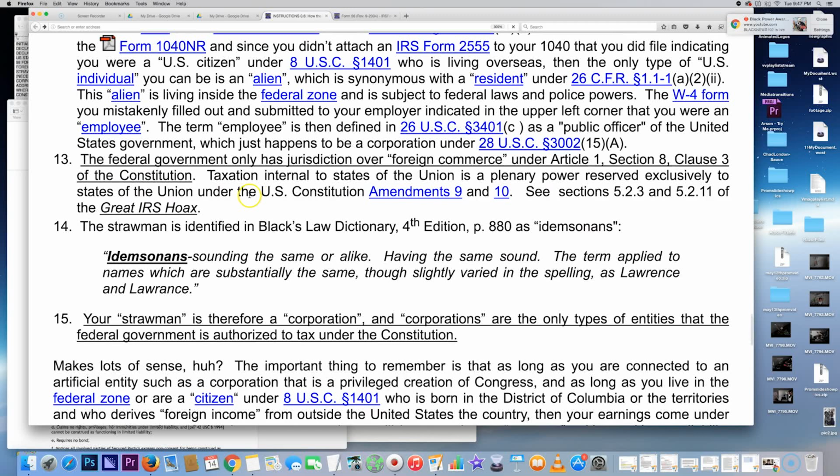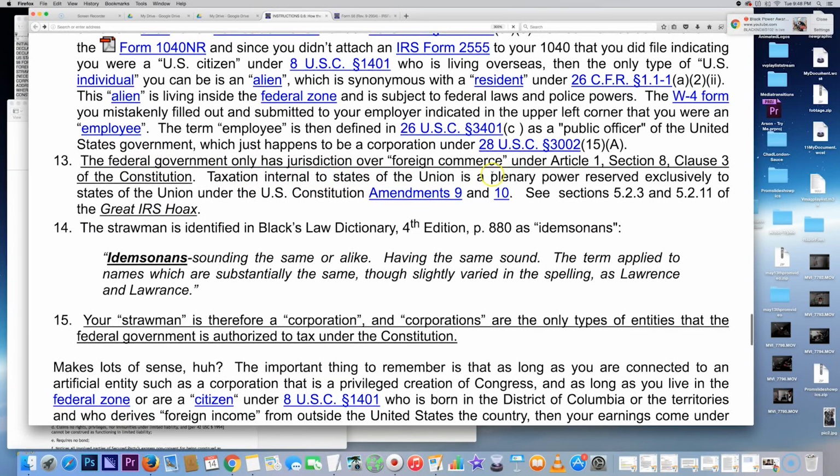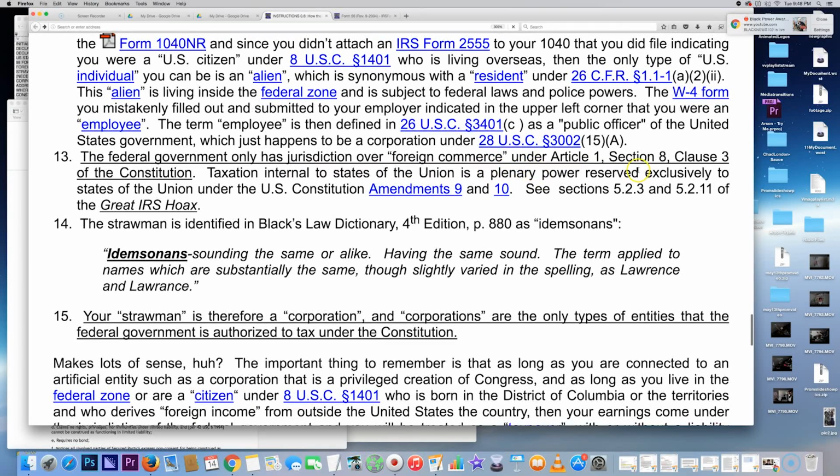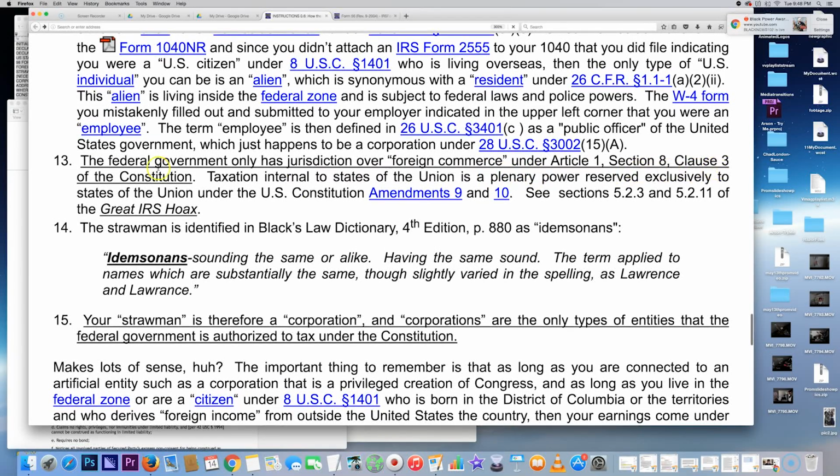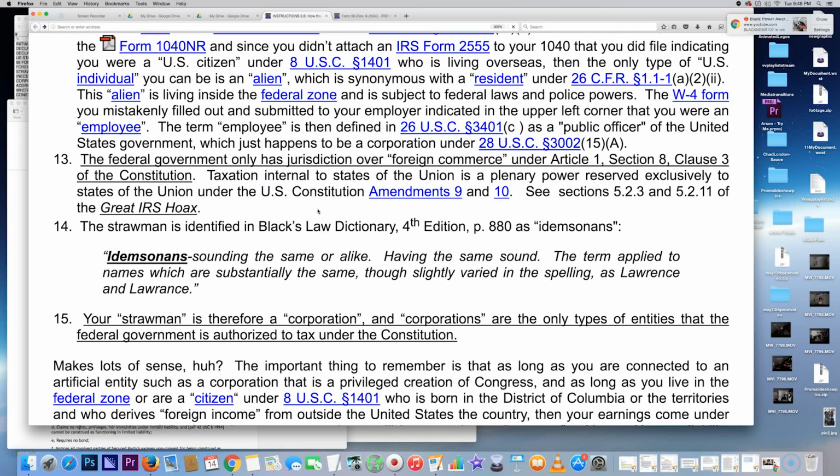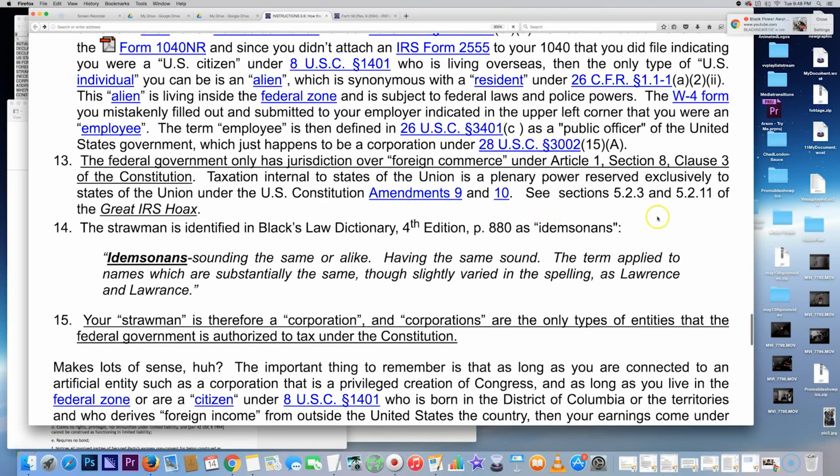The federal government only has jurisdiction over foreign commerce under Article 1, Section 8, Clause 3 of the Constitution. Taxation internal to the states of the Union is a plenary power reserved exclusively to the states of the Union upon the U.S. Constitution, Amendments 9 and 10.